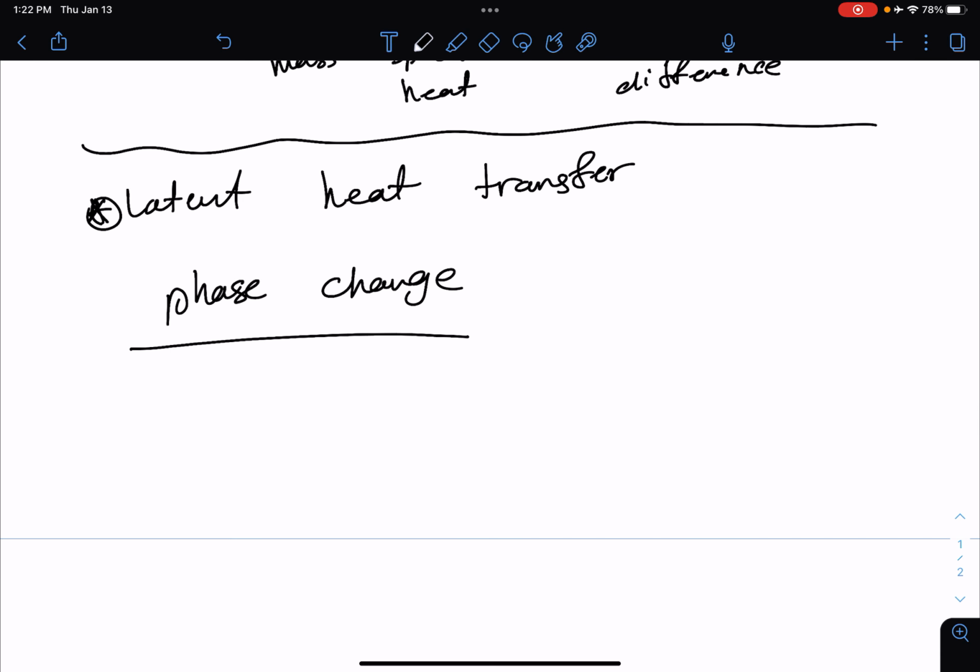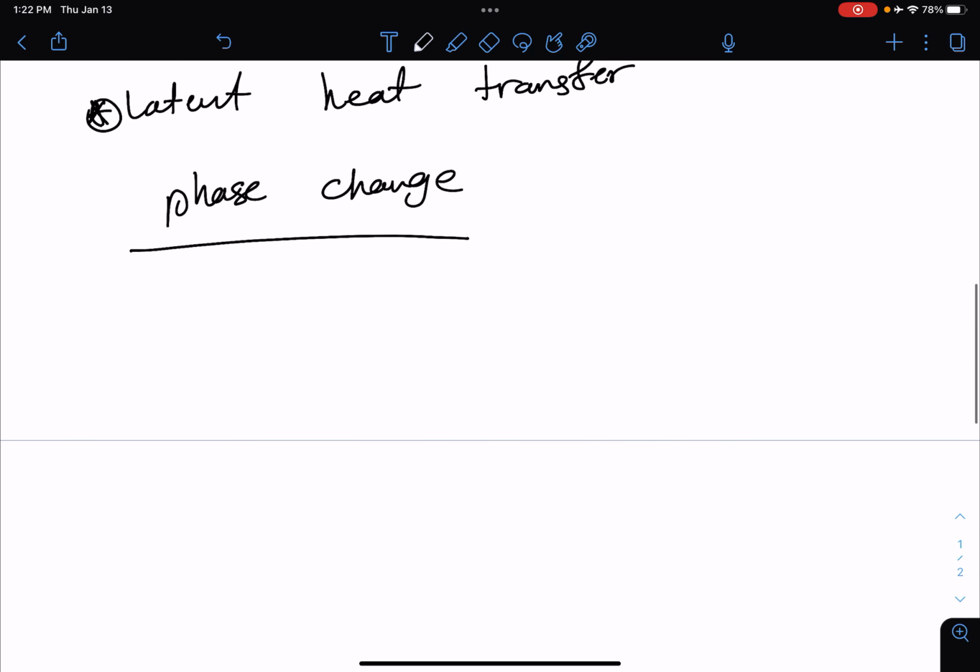Now, how can we calculate the energy that is transferred between the two phases?